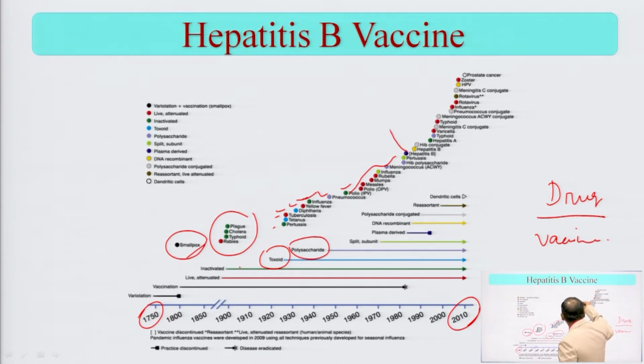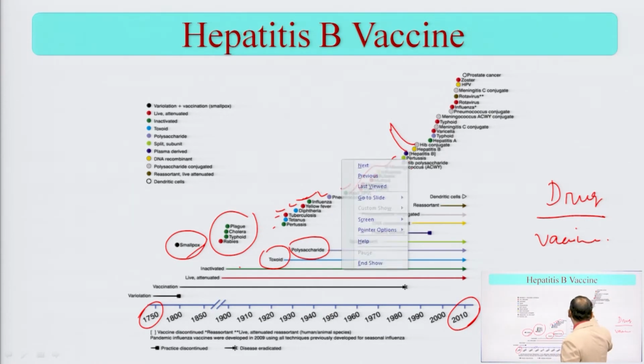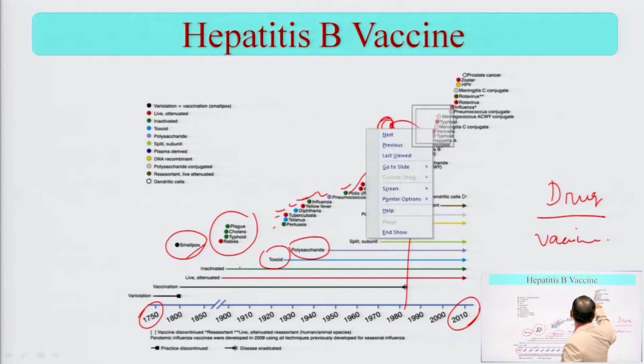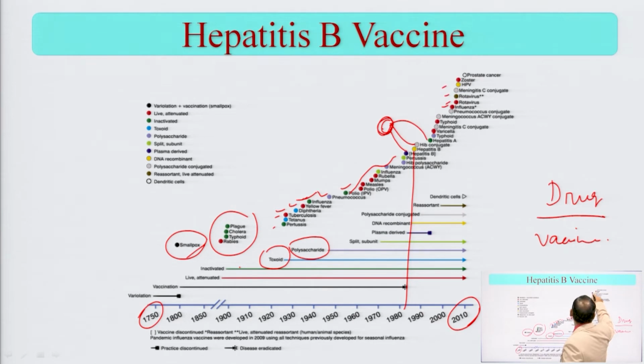But for hepatitis B, it took a long time, from about 1880 to 1890. In that period, the hepatitis vaccine became very popular, and in 1990 the hepatitis A vaccine was also given to patients. And then you have seen other vaccines like typhoid, influenza, rotavirus, HPV, human papillomavirus, zoster and prostate cancer vaccines.